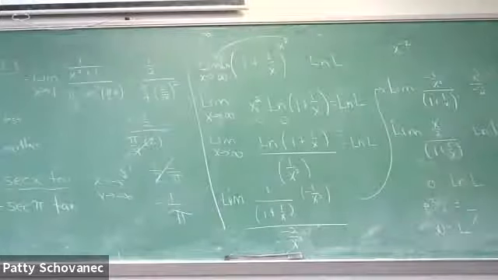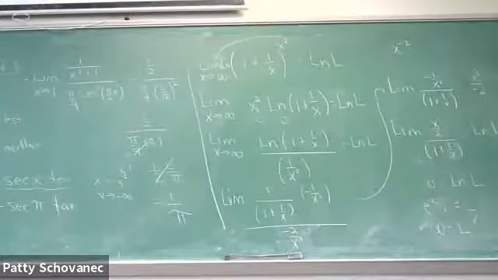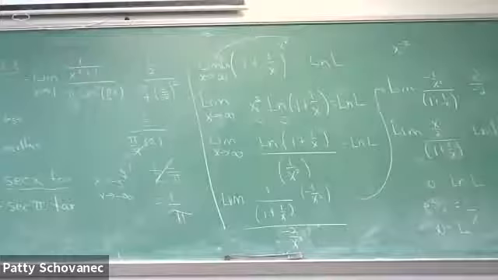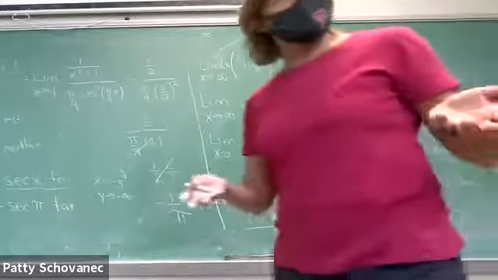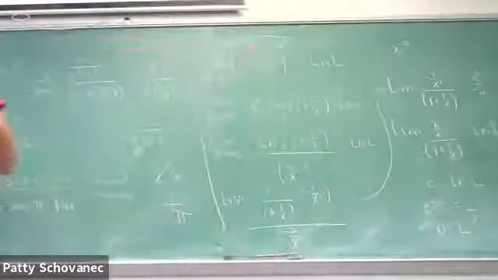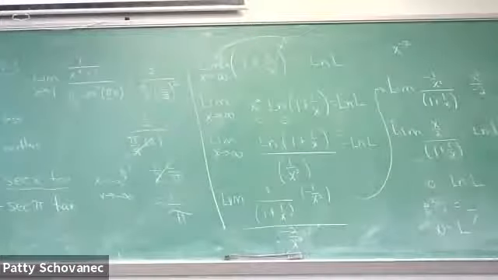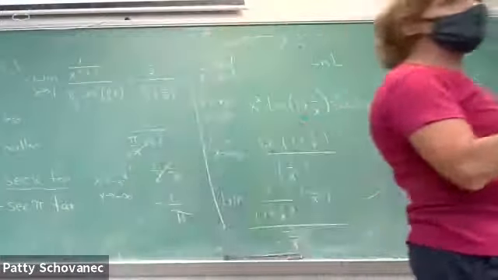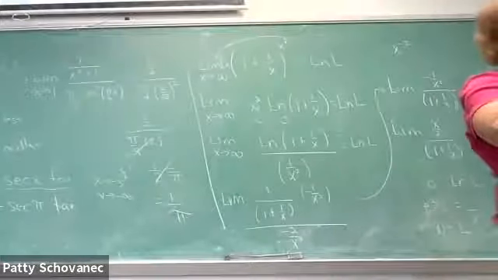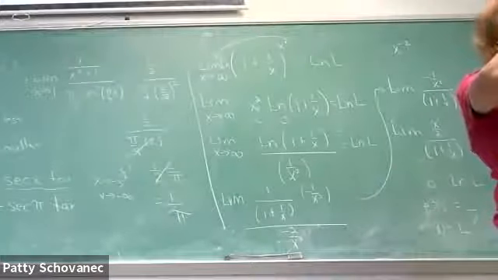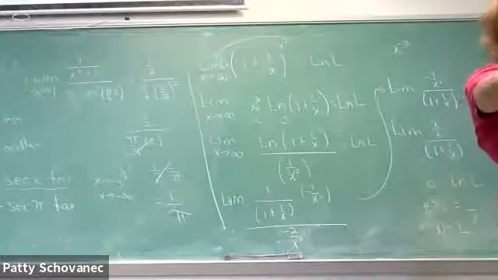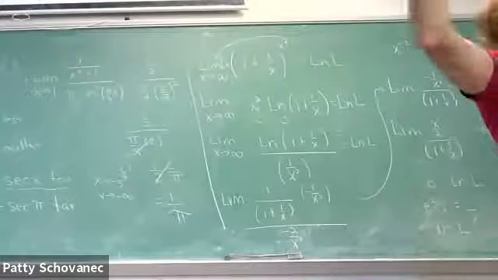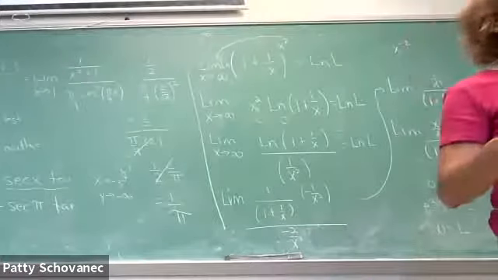Okay, what else? 4.5 and 4.6 were word problems. So what I did is I put 2 word problems on there, just like I did with related rates. You can do the extra one for bonus, but pick one of the 2 and do it. We've seen things that had area, perimeter, surface area, volume, the distance rate times time ones.